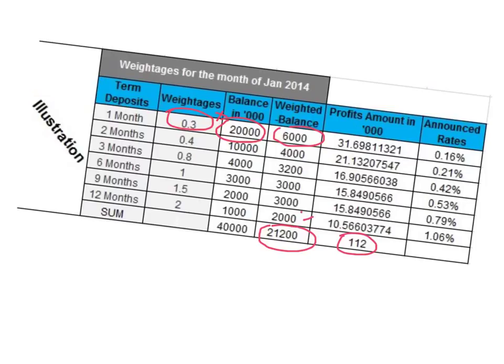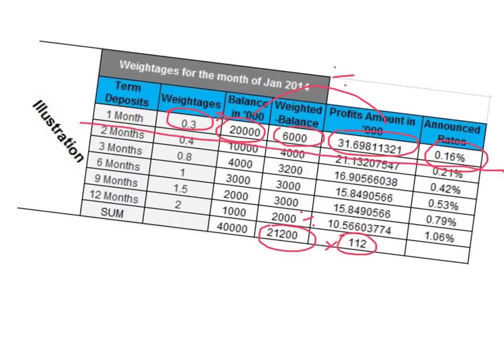This gives us a profit amount of approximately US dollar 31,700, which when divided by the actual balance of $20 million provides us with the actual rate of 0.16%. Now this serves as the rack rate for the overall 1 month product class of investment account holders.